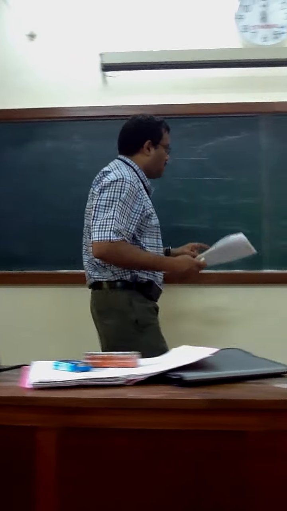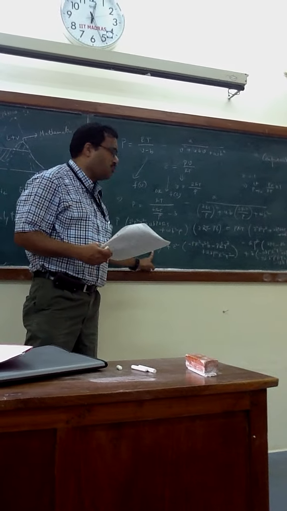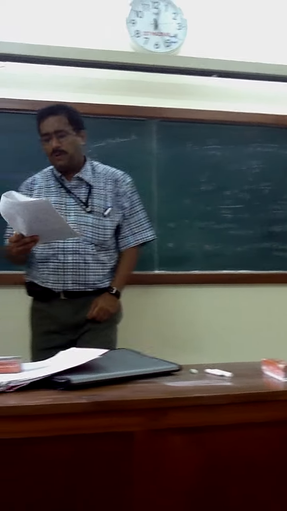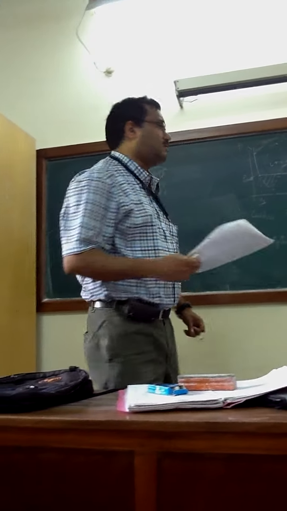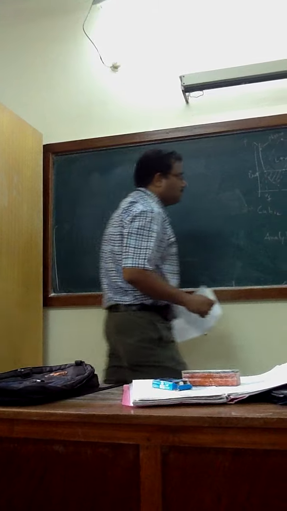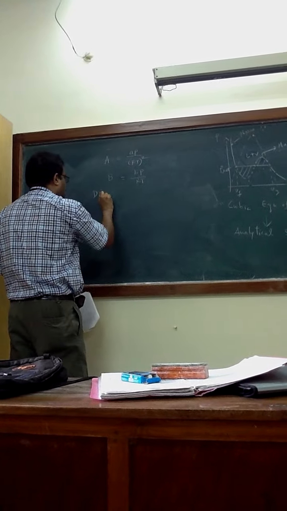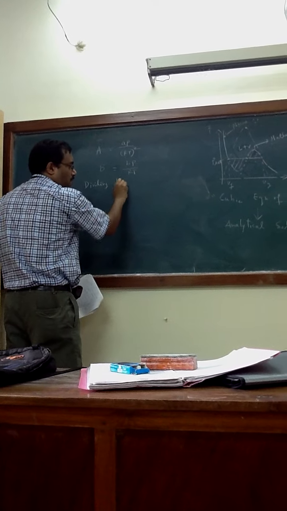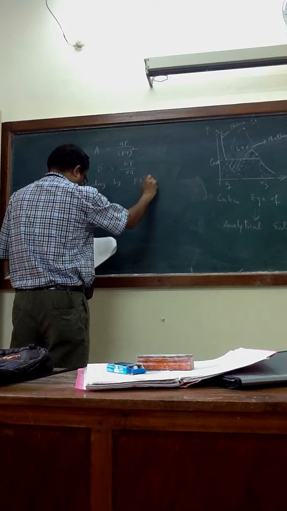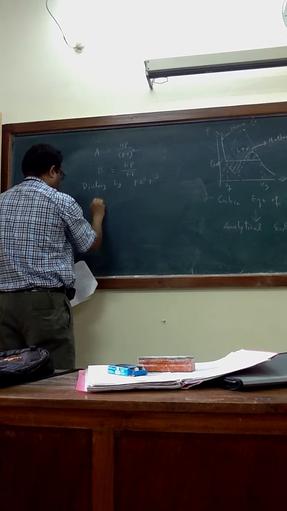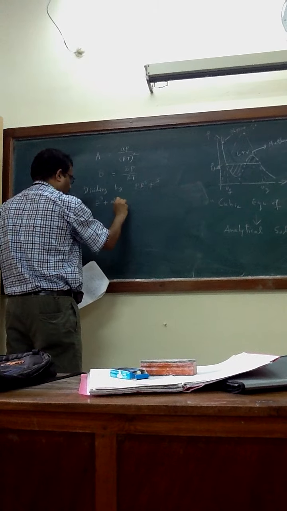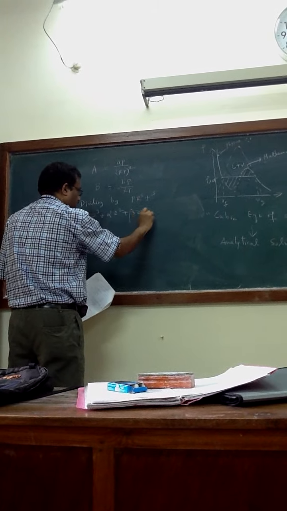If you divide the entire equation by P R cube T cube, you will get Z cube plus alpha Z square plus beta Z plus gamma equals to 0.